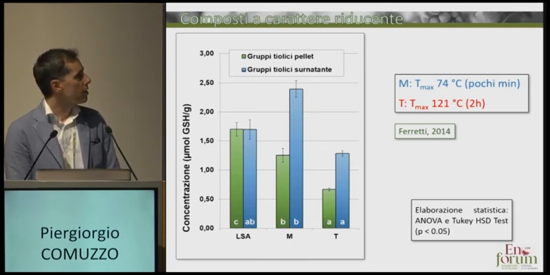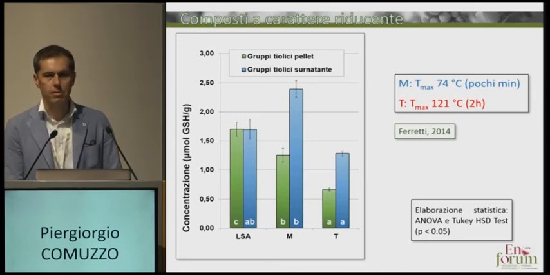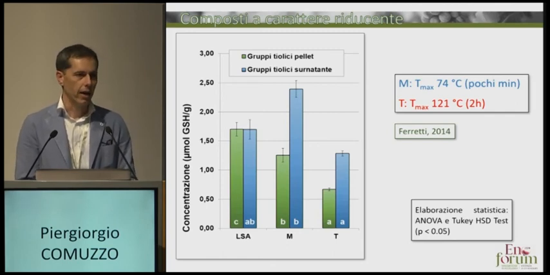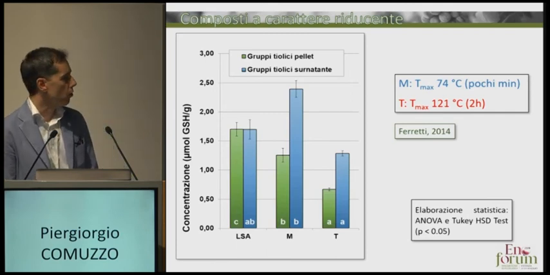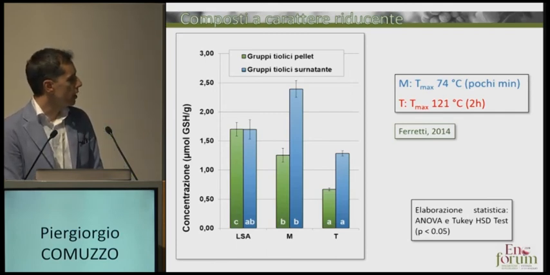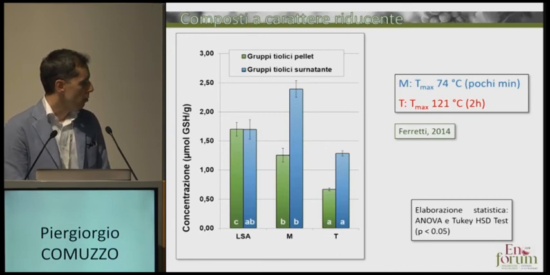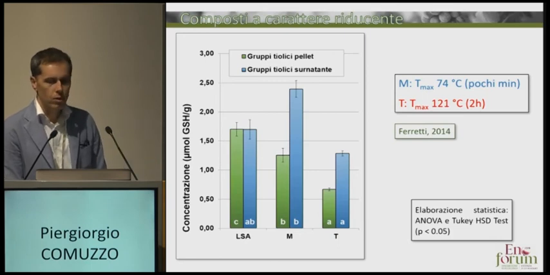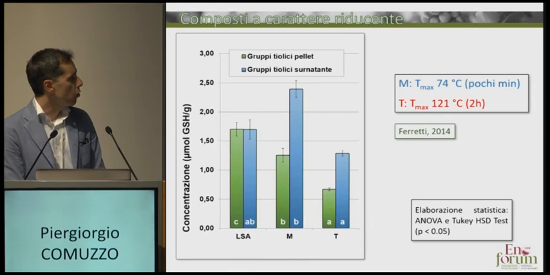I would like to conclude by talking about some reducing compounds, because the yeast derivatives have a thiol element that is linked to the reducing feature. And here there are two different lysates, one that is obtained mechanically and the other that is obtained thermally. And here you can see the maximum process temperature in the two cases.